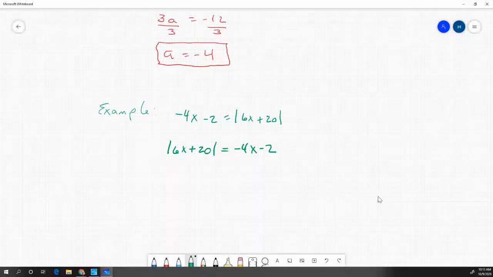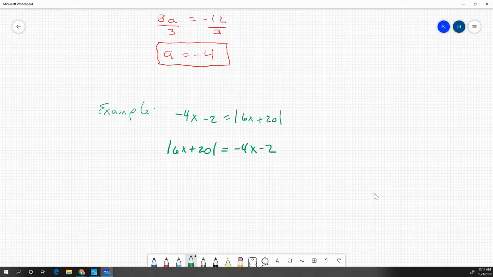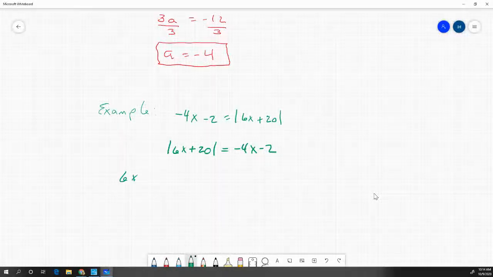So right now, when we're doing a problem like this, every time we've got that isolated absolute value, is the only thing on that side, we're supposed to set it up to two equations, one positive and one negative. So we've got 6x plus 20. And our positive, even though we're starting with a negative here, is going to be negative 4x minus 2, because that's what it is, right?